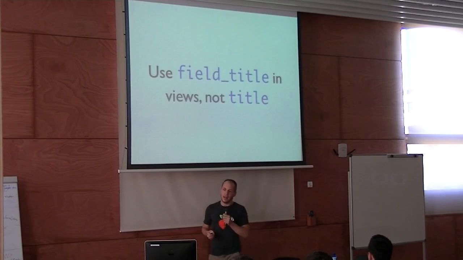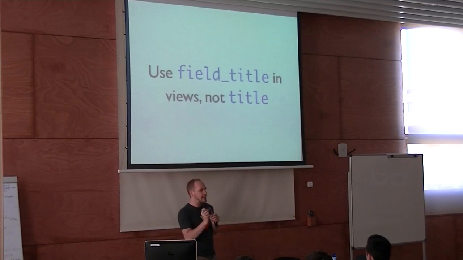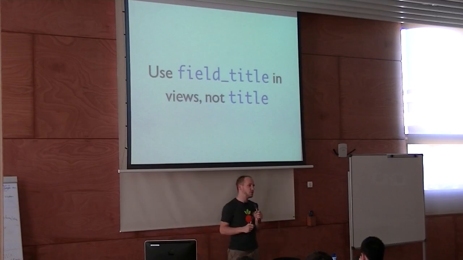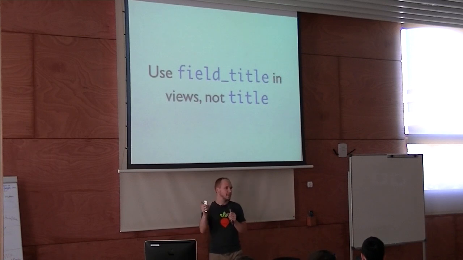What am I doing wrong? The thing is that in this case, you want to use the field title, so the field that is a replacement for the title. If you just use the title, so the property, it will not get translated. If you use field title in this case, yeah.